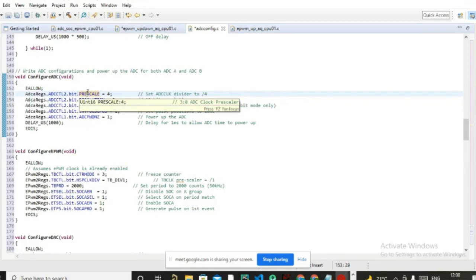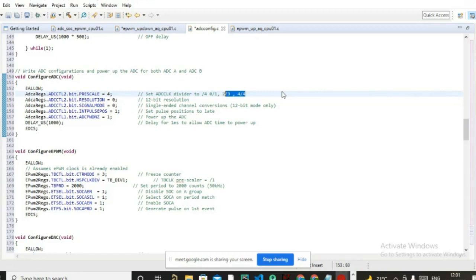So ADC has a maximum clock frequency of 50 megahertz, and when you set your prescale as 4, it will operate at 50 megahertz. Okay, so you can see from the register itself in the technical reference manual, if you go to ADC CTL2 and you see the bit prescale, it is written there that if it is 0, then it is divided by 1. If it is 2, then it is divided by 3. If it is 4, then it is divided by 4, something like that.